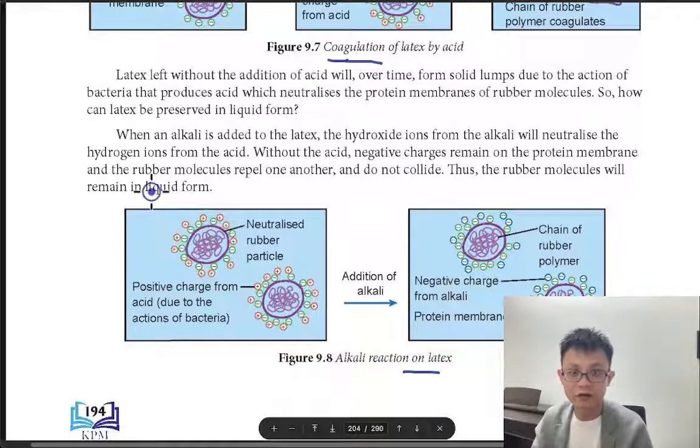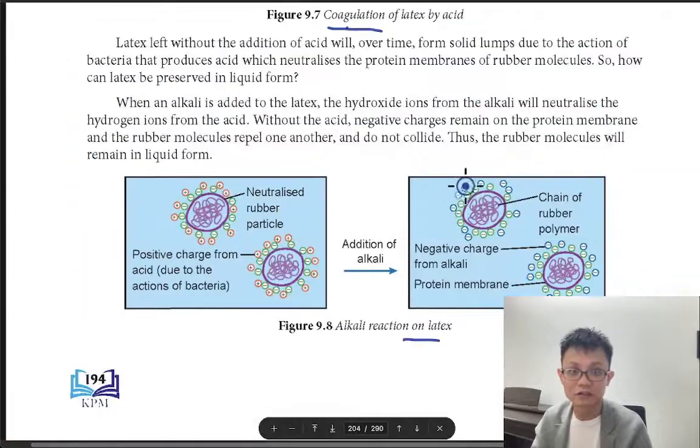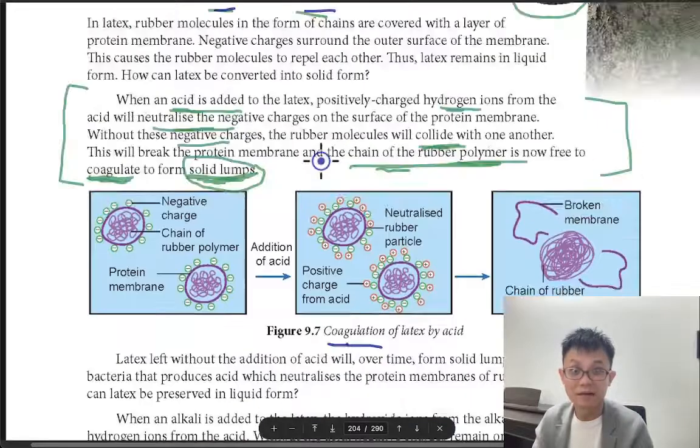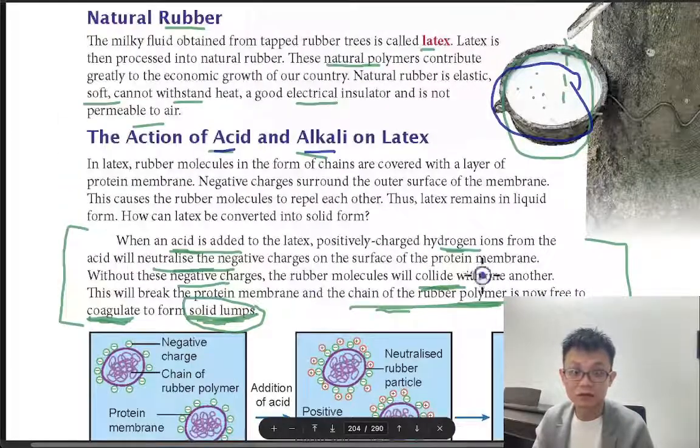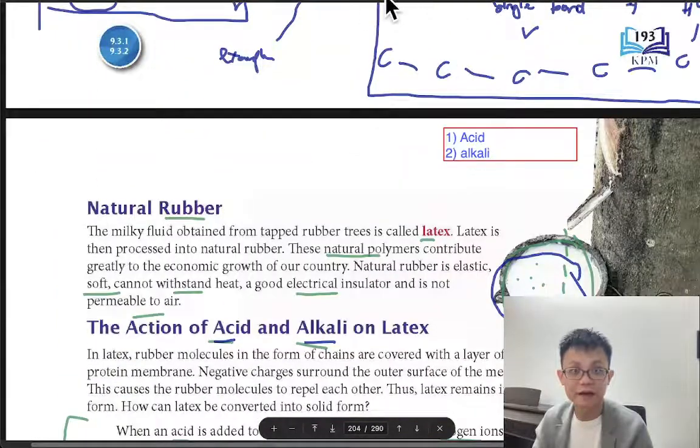When it will neutralize the ion in the membrane rubber, the rubber will remain. So I would not say it's uncoagulate, but is there any word for not coagulating? Okay, never mind, don't have the word. So I just write coagulate and not coagulate.